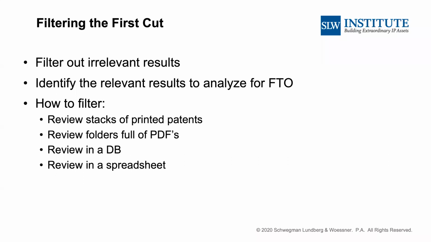I like to say that when you do an FTO study, a lot of times what you're trying to find is the equivalent of a 5-foot diameter circle, but what you're getting is stuff that's a mile away from the center of that circle.